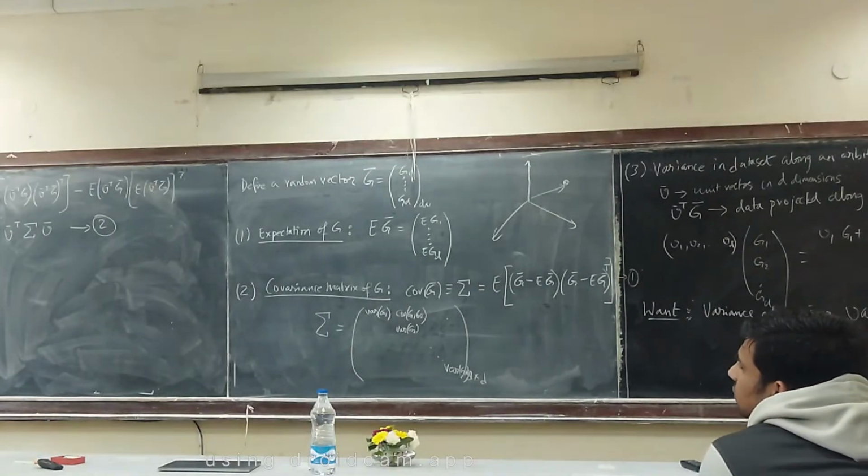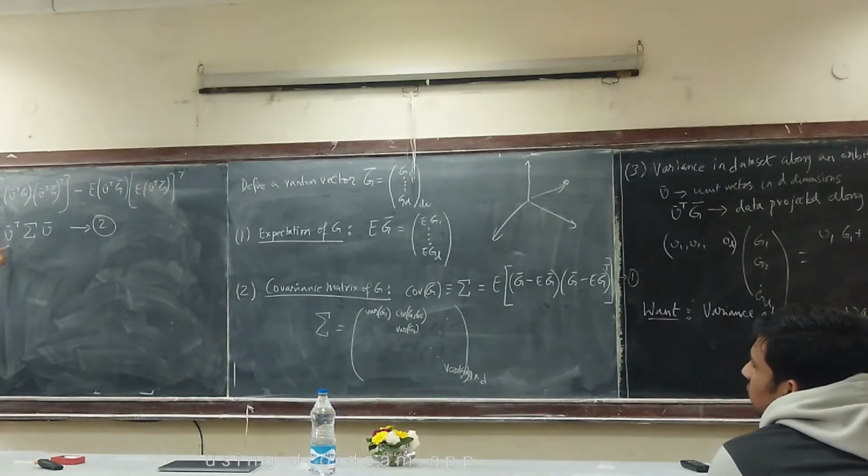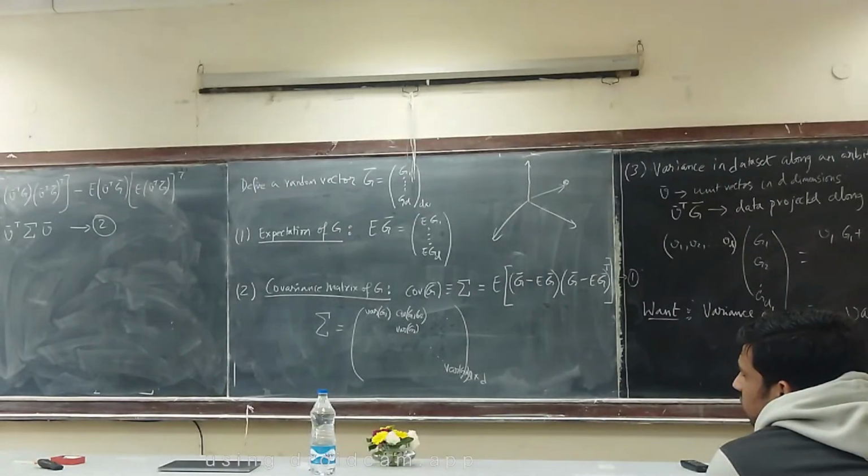So this is the variance along an arbitrary direction V. Notice that this is my covariance matrix. So knowing the covariance matrix of my data, I can figure out what the variance is in any arbitrary direction.